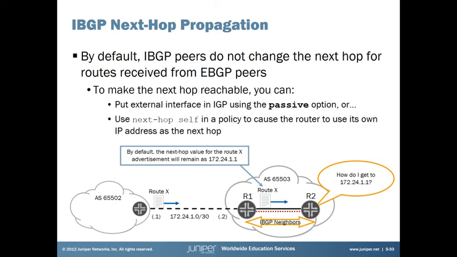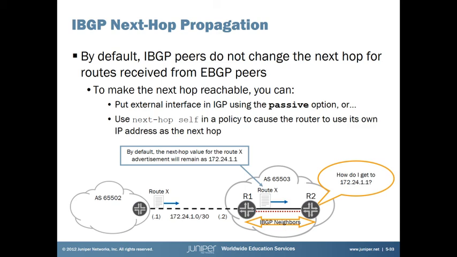So that is the next hop address for the routing information that it receives from that autonomous system. That's all fine, as R1 has a connection to that address. It's directly connected to that address across this link. Not a problem for R1.